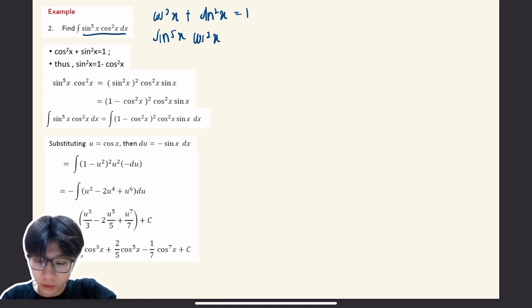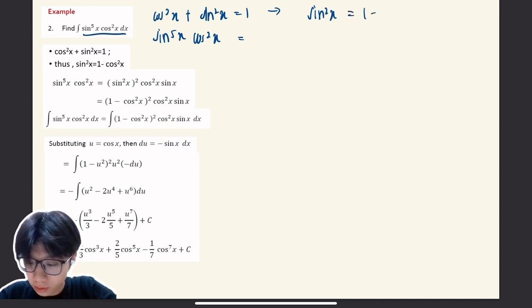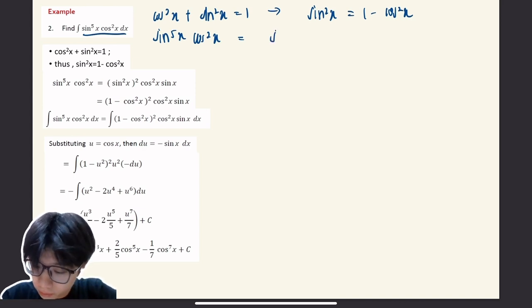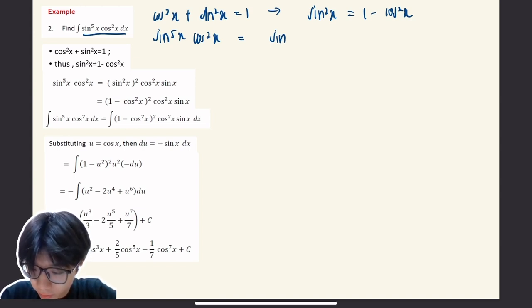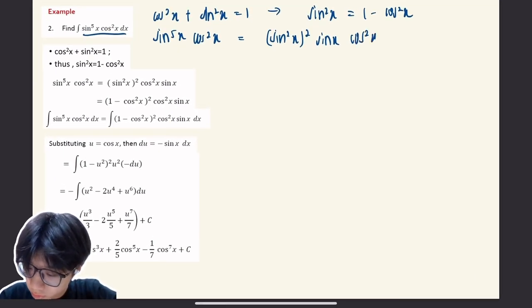Okay, for this situation, from the first equation, by comparing, you will be getting sine 2x is equal to 1 minus cos 2x. So we can simplify it by doing this: sine x times cos 2x.